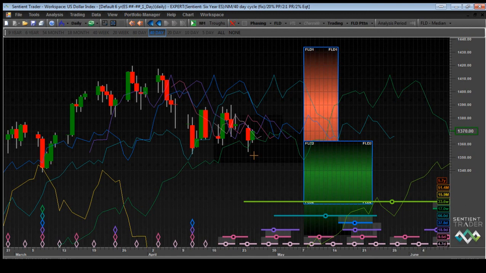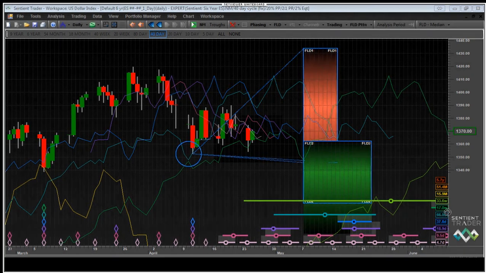So CentiTrader actually looks at all of those FLDs, something that's quite hard to do when you're trading or studying the chart for yourself. It asks itself the question, what happens if price crosses this FLD? Well, then we've got a little projection to over here.